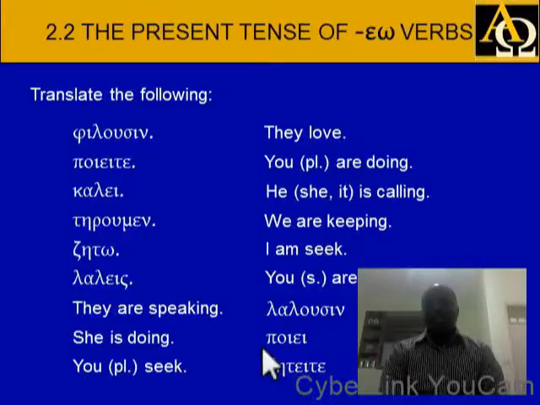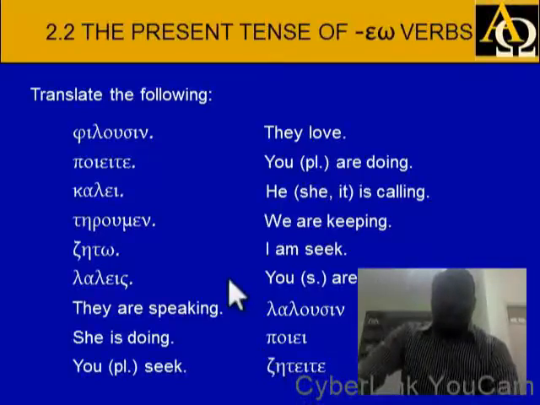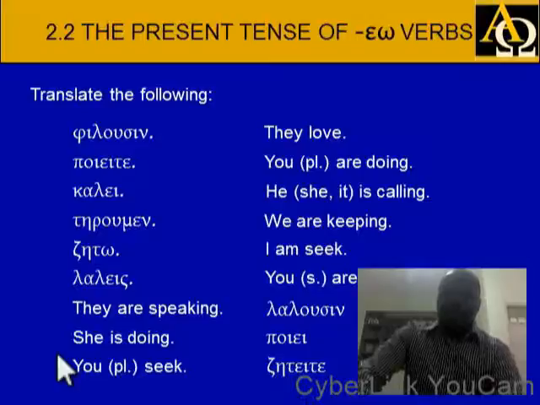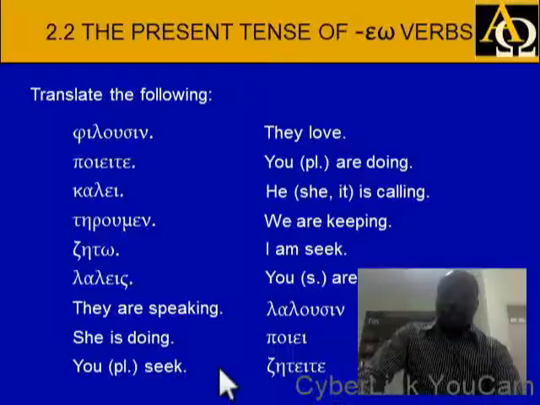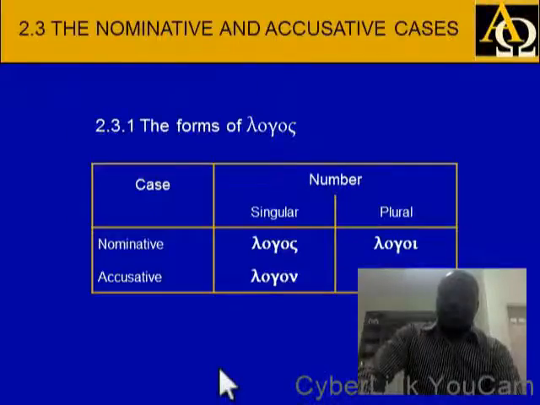So you need to complete that. Legeis, you are saying, and then they are speaking, lalousin. Poieis, you do. Zeteite, you seek. So you need to know how to translate these words.